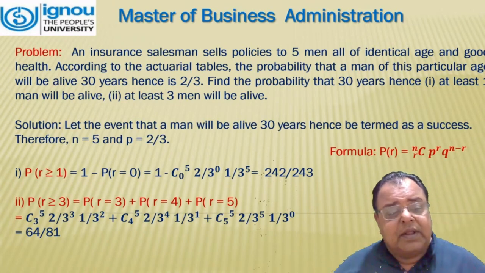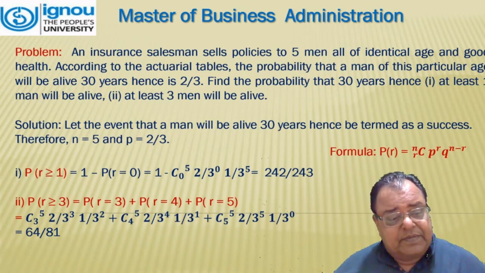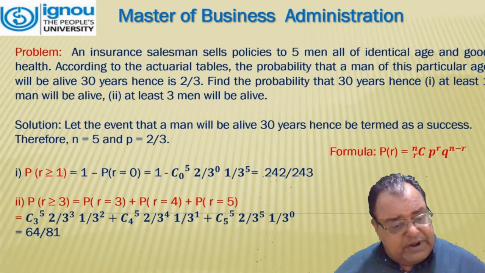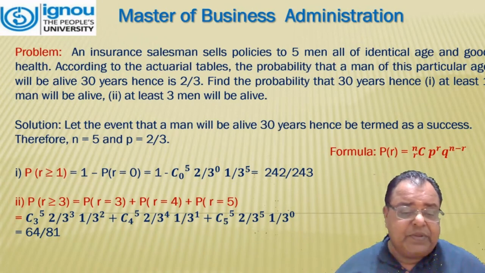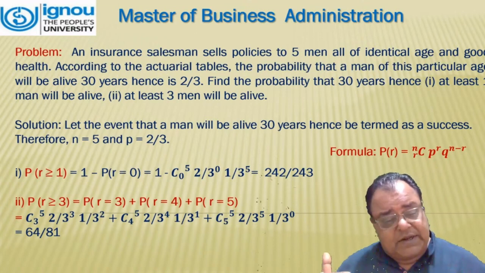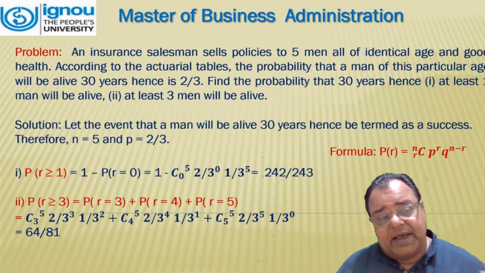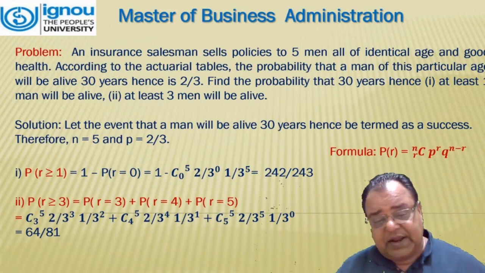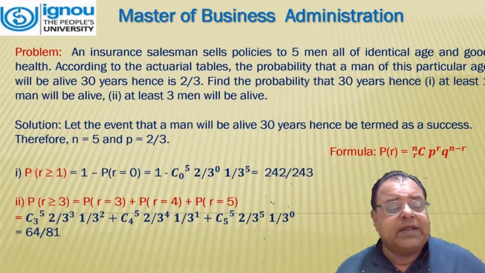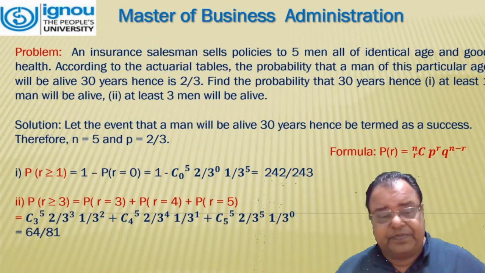So 5C3 times 2 by 3 raised to the power 3 times 1 by 3 raised to the power 2. And similarly, we will be calculating it for r equal to 4 and r equal to 5. Keep one thing in mind, anything raised to the power 1 is that number, and anything raised to the power 0 is 1. After calculating, we will get 64 by 81.